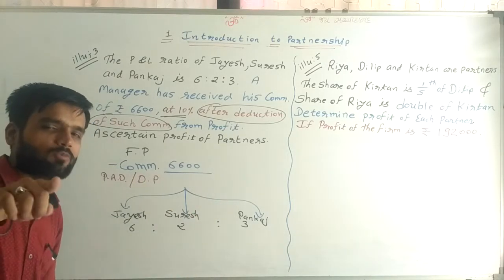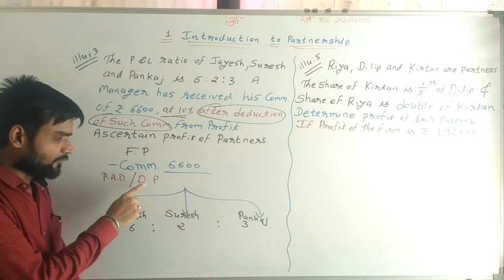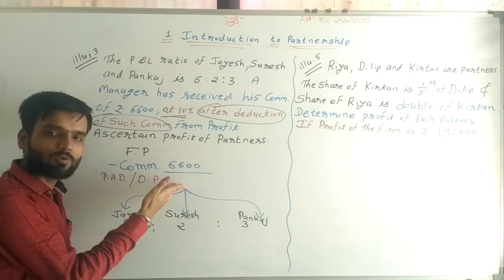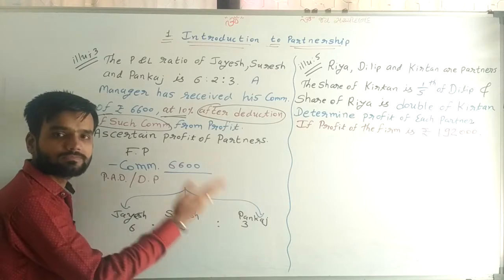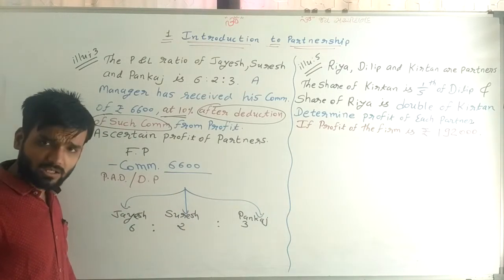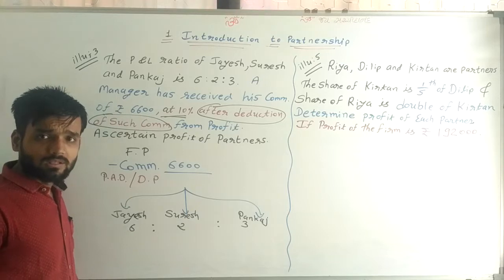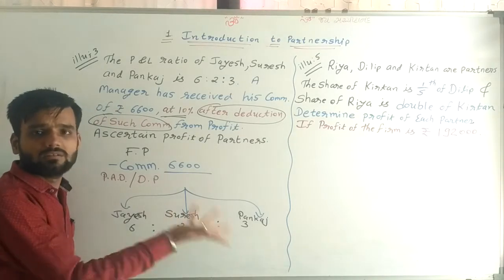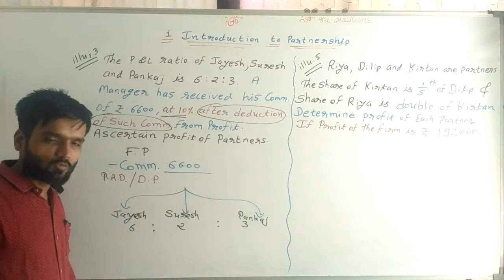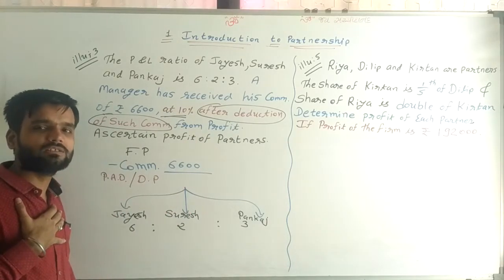Now how can we find the profit of partners? Sir, if we have a divisible profit, then we distribute that profit among the partners, and then we will get the profit of partners. But for that, what is my first step? What do we need?